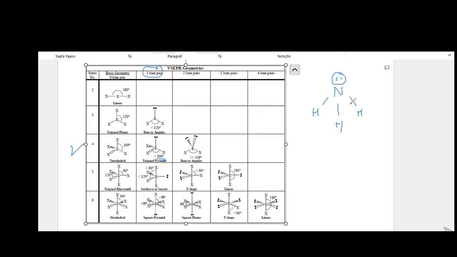Can you understand? So by using this table, you can easily find the bond angle. The bond angle is less than 109 degrees.